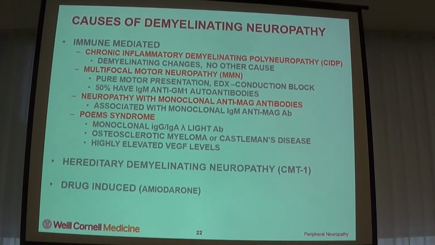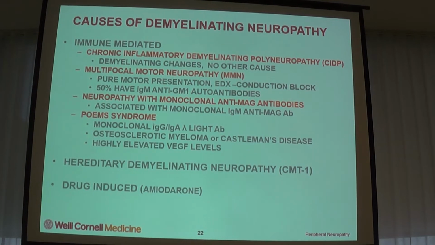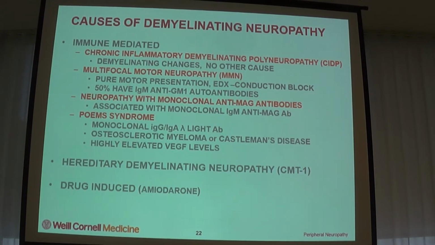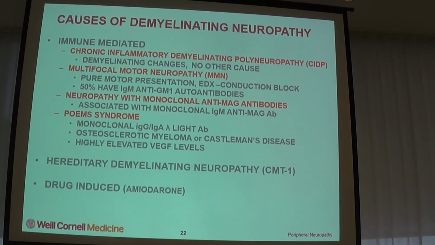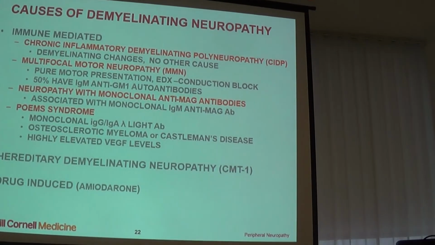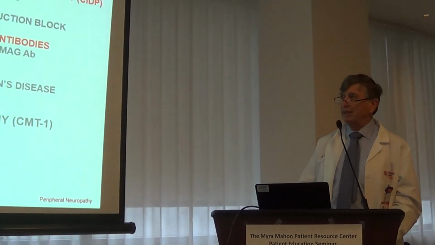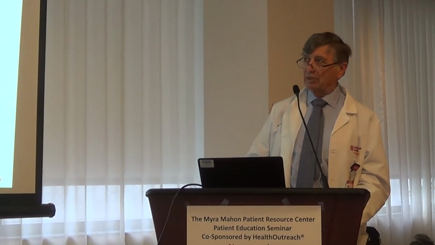So let's say we've established that the patient has neuropathy. We found that it's demyelinating or axonal. So then we narrow down the differential further. Again, if it's demyelinating, it's either immune-mediated, hereditary, or caused by certain drugs. For the immune-mediated, there are several types: chronic inflammatory demyelinating neuropathy, where all the blood tests are normal.